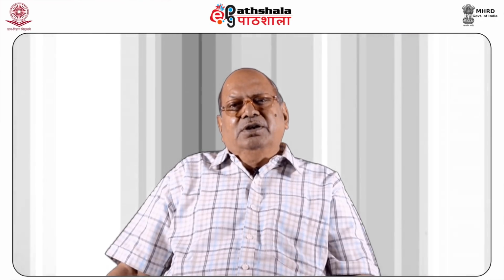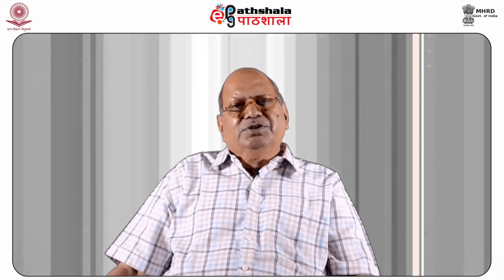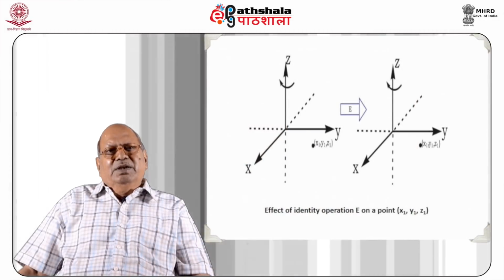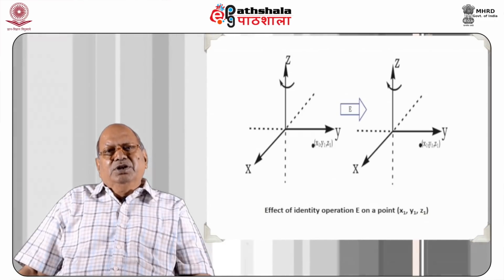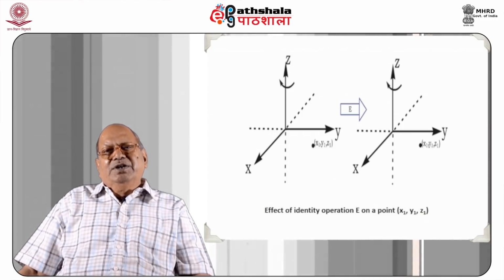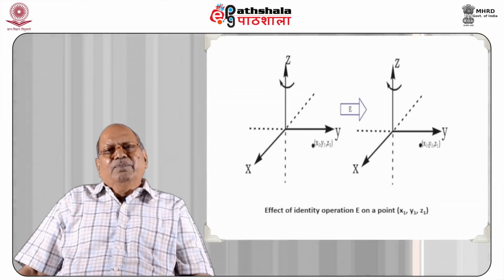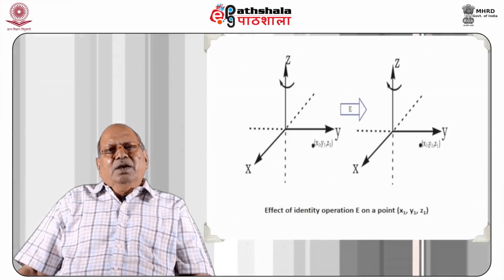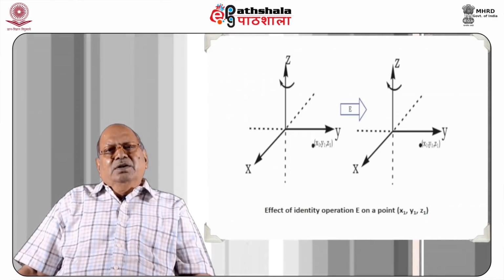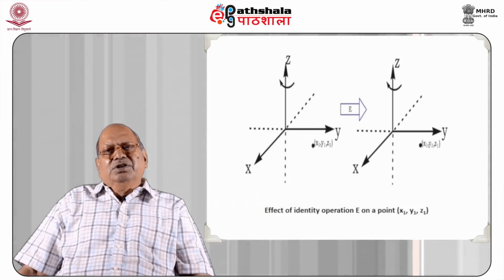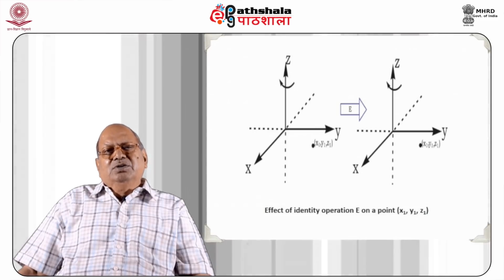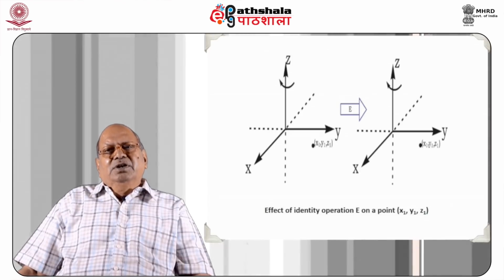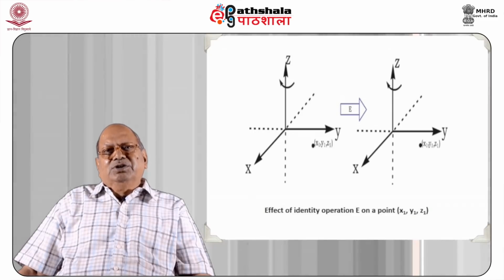Identity is vital in the correct mathematical description of symmetry by group theory. In the Cartesian coordinate system, the identity symmetry operation E on a point x1, y1, z1 can be shown, that is, if I take a point x1, y1, z1 and perform a clockwise 360° rotation, I will reach again the same point x1, y1, z1 as if I have done nothing.